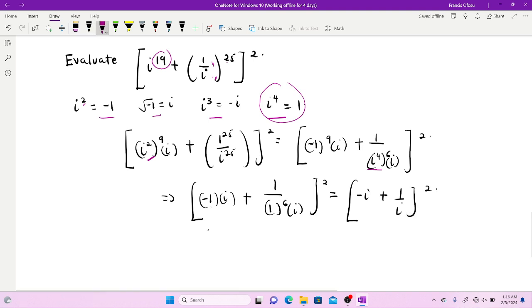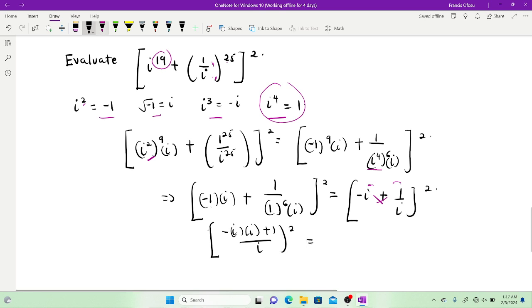So at this point, you simplify what you have inside the bracket here. Then after, you take the square. So simplifying using algebraic expression, I'll cross multiply. So I'm going to have the expression -i multiplying i plus 1, all over i, then all this squared.